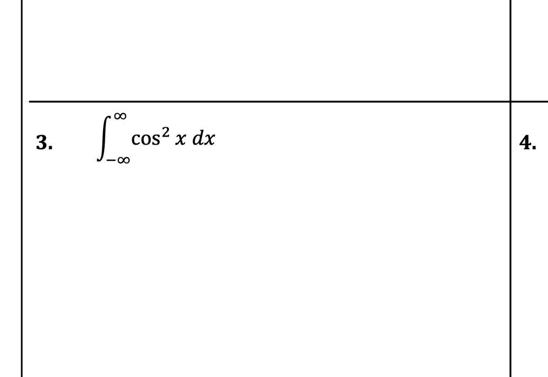I don't know if y'all remember, there was one where the double angle formula for cosine, cosine 2x, is 2 cosine squared x minus 1. And then you can solve that for cosine squared x. You can add 1 and divide by 2. So cosine squared x is cosine 2x plus 1 over 2.